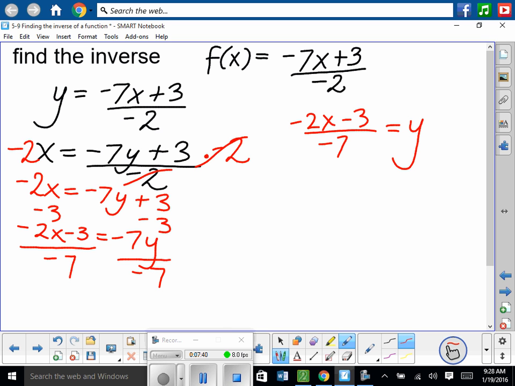So I'm going to urge you to go a little bit more advanced style and write it how it would be written as a line. So we know f inverse of x is equal to, so we know it's mx plus b, right? What's negative 2x divided by negative 7? Isn't that positive 2/7 x? And then what's negative 3 divided by negative 7? Positive 3/7.